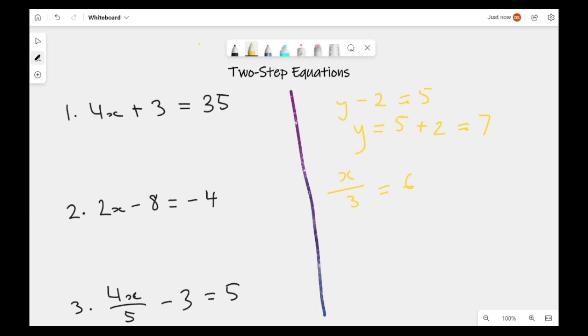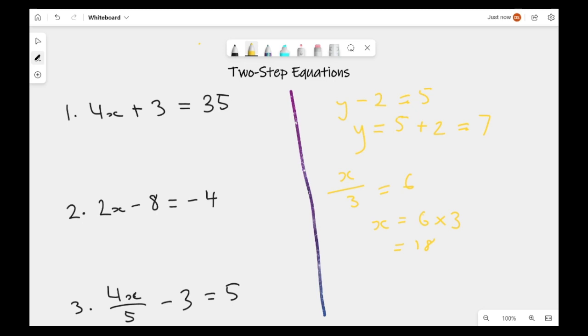We're doing the opposite operation when we bring these numbers to the other side of our equal sign. Here we had a negative 2, and that became a positive 2. Here we have x divided by 3 equals 6, so x would be 3 lots of 6, or 6 times 3, which gives us 18. I'm not going to go too in-depth with it here because I've covered it quite extensively in my Intro to Equations video.